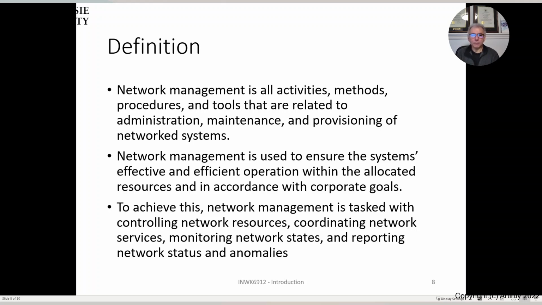So that's all part of activities, right? The methods of doing network management, the tools. This includes software. So all of this is part of the management. And that's why network management is a really big field if we want to talk about all aspects, and some of it goes beyond just simple networking technologies.